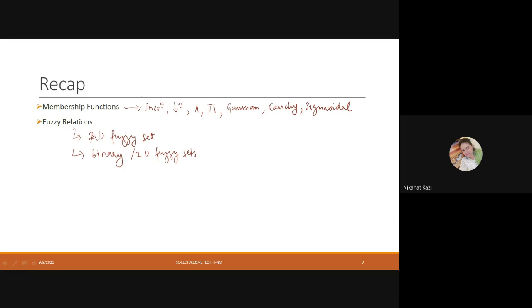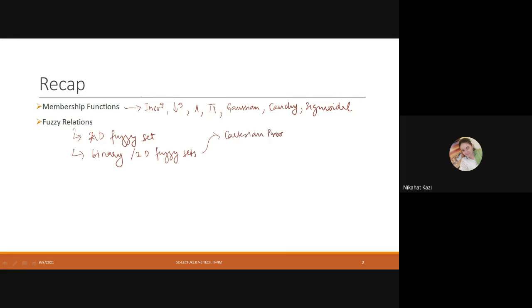How do you form them? One way of doing it is using Cartesian products. You have two fuzzy sets, and you combine them to find the Cartesian product.